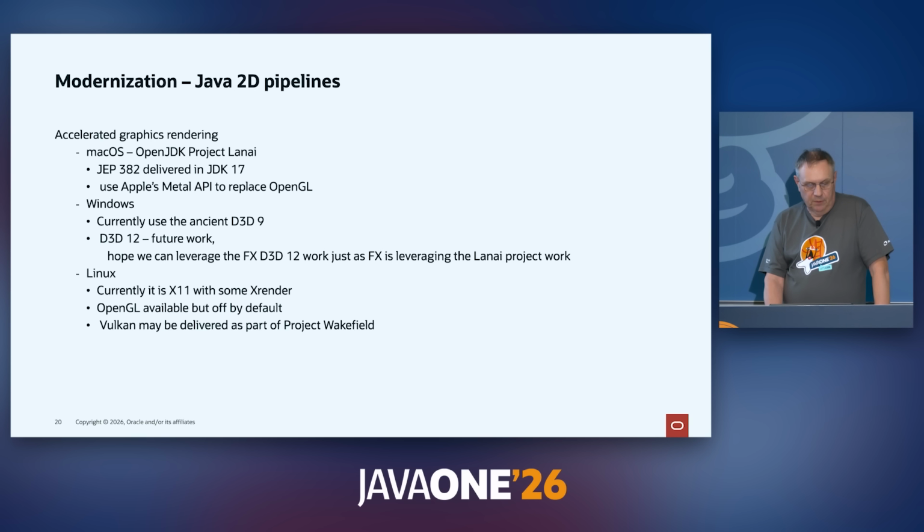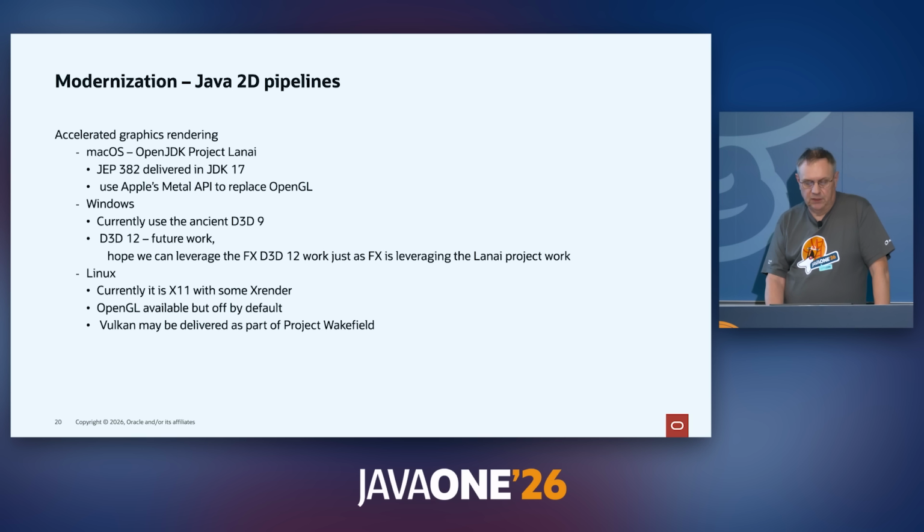What else is going on? We are modernizing the Java 2D pipelines. Over time, we have rewritten or created a new one for the Apple Metal API on macOS to replace OpenGL, which they have deprecated. FX is almost done with a D3D12 pipeline.